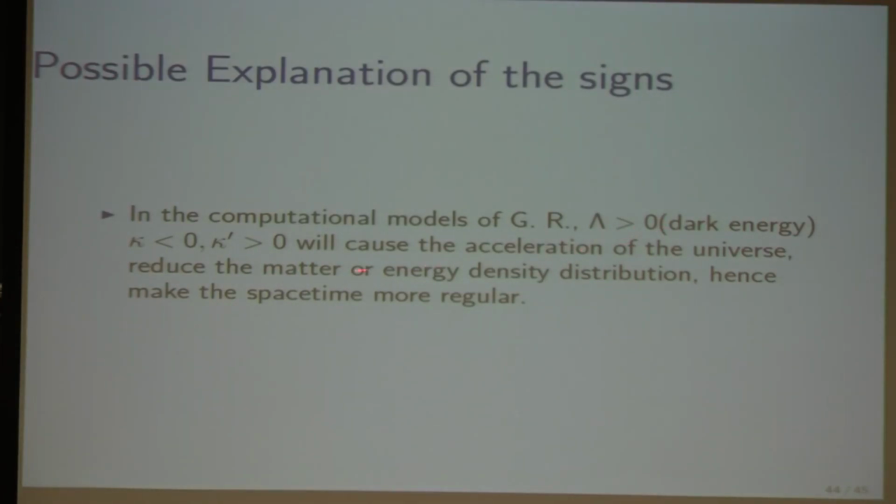The sum of these quantities will cause acceleration of the universe. So intuitively, this will reduce the matter or the energy density distribution of the universe. So it makes space-time more regular. So this is one explanation I have in mind. But otherwise, I do not know why this should be true and not the converse. Right? So maybe I stop here.